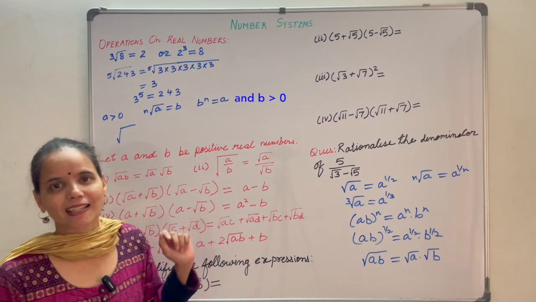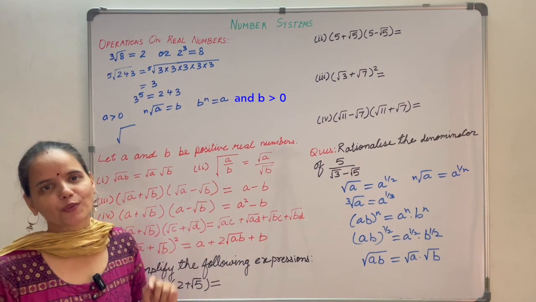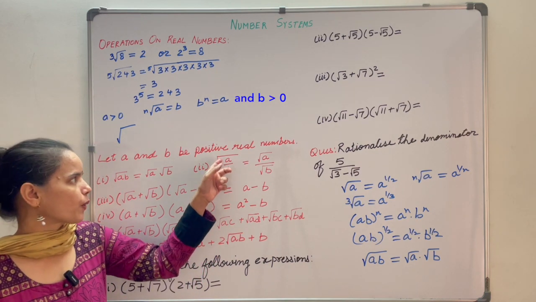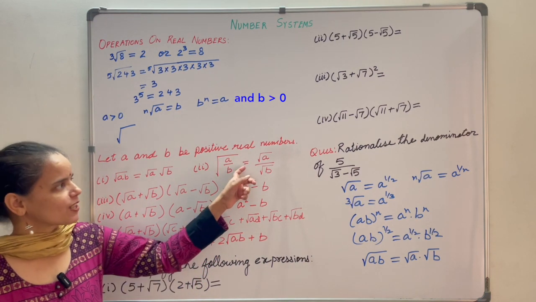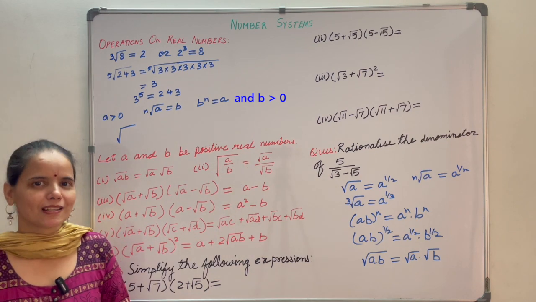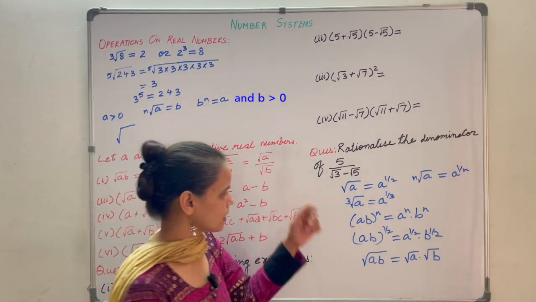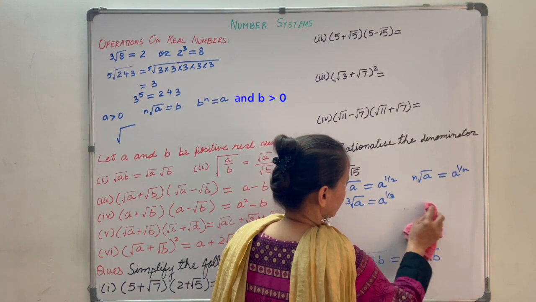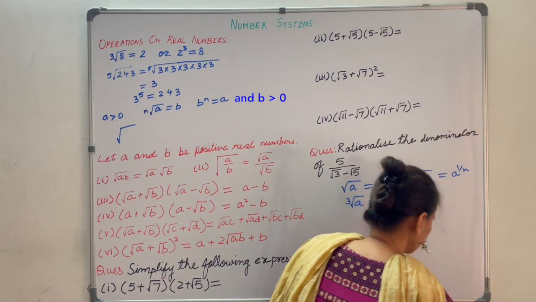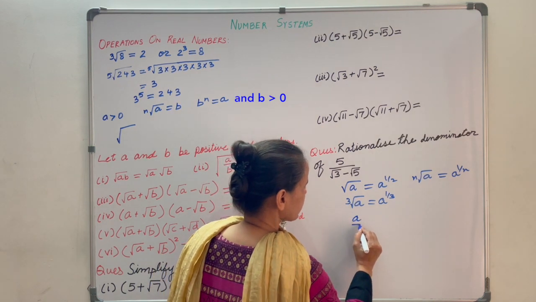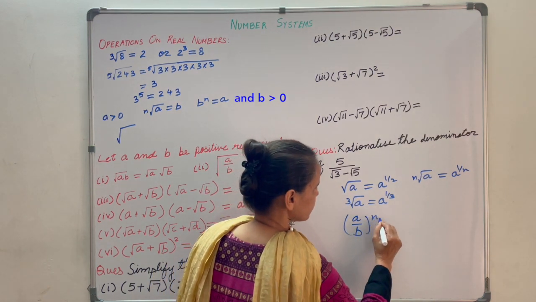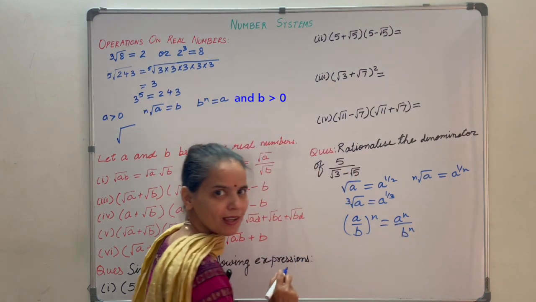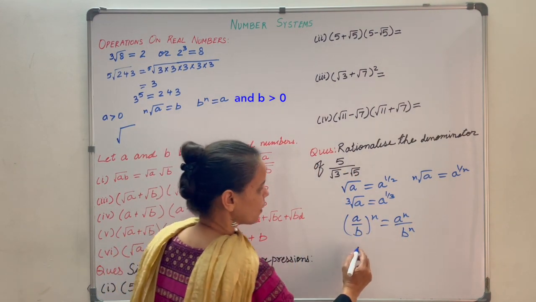Now let us take the second identity. Here also we are going to use some law of exponent. So let us see what it is first. Square root of a by b is equal to square root of a upon square root of b. Let us see using which law of exponent we have got this. You know that (a by b) whole raised power n is equal to a raised power n upon b raised power n, and let us replace n by 1 by 2.